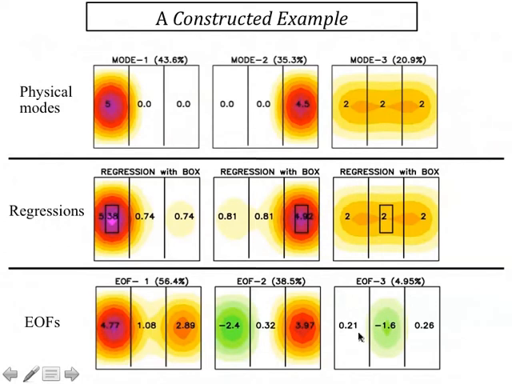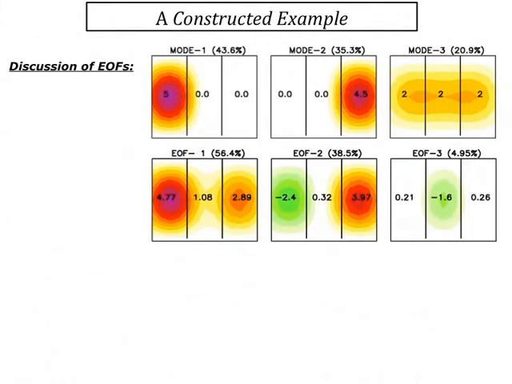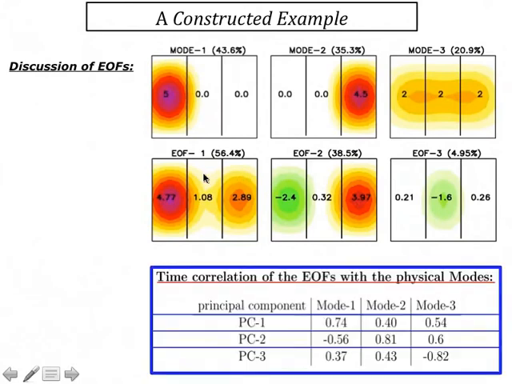We set up a system with these physical modes. By construction, they are our physical modes. And we look at the EOFs, and we see this hierarchy of multipoles: monopole, dipole, tripole. The thing that you can then calculate is also the time series. Since I know how I construct my data, I can estimate that the time series of PC1 would be related to each of the time series of the modes, and this is the amount of variance that each of them contributes.